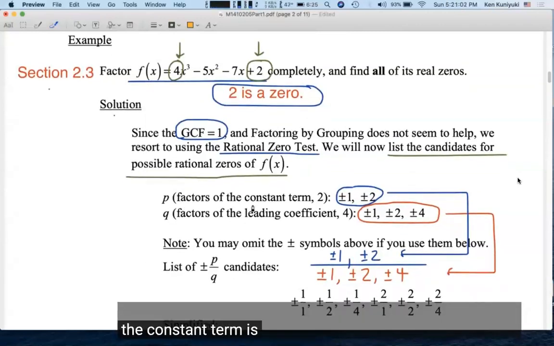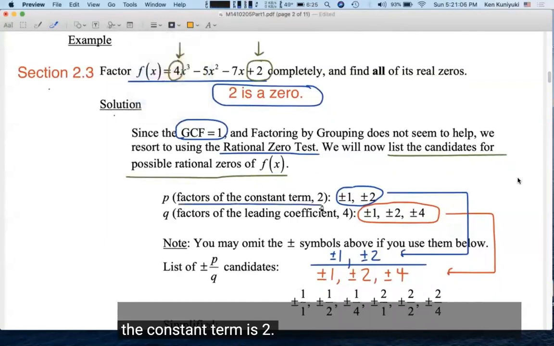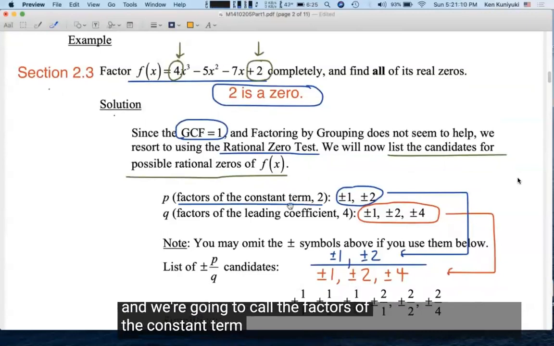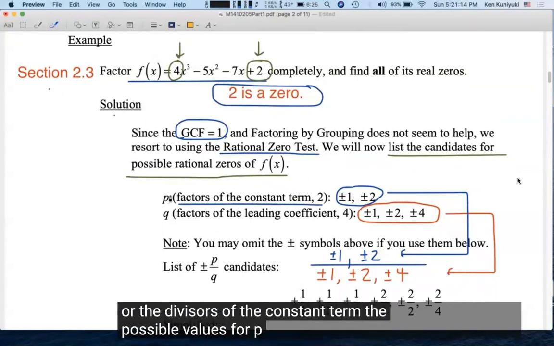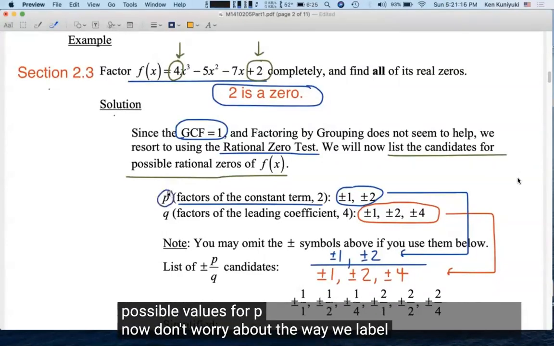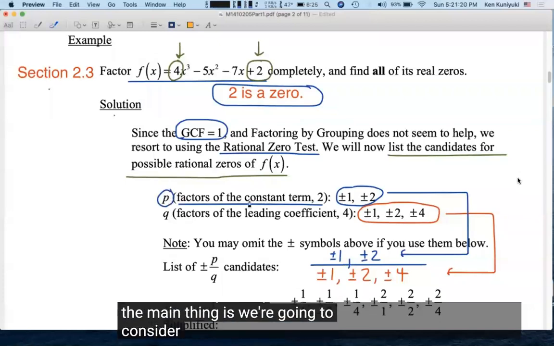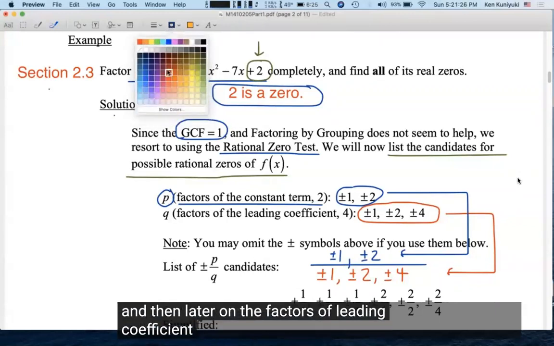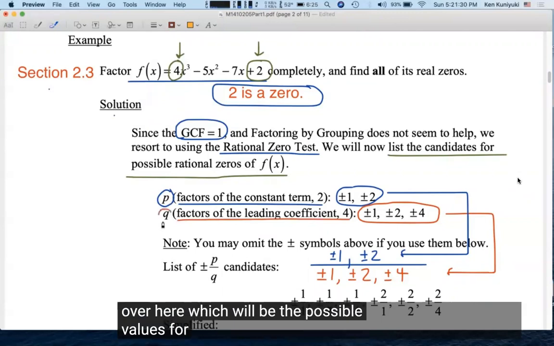The constant term is 2. And we're going to call the factors of the constant term, or the divisors of the constant term, the possible values for p. Now don't worry about the way we label these factors, p and q. The main thing is we're going to consider the factors of the constant term here, and then later on, the factors of the leading coefficient over here, which will be the possible values for q.